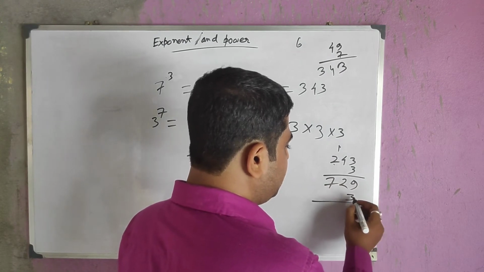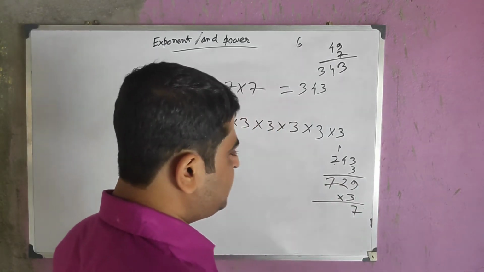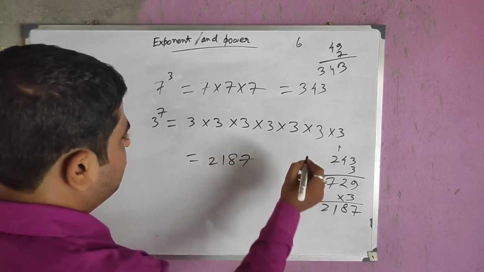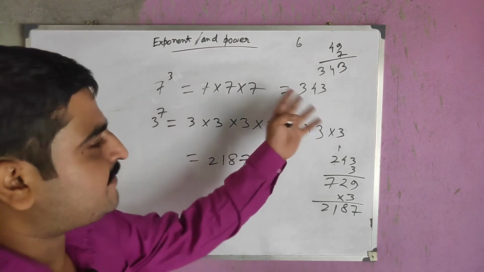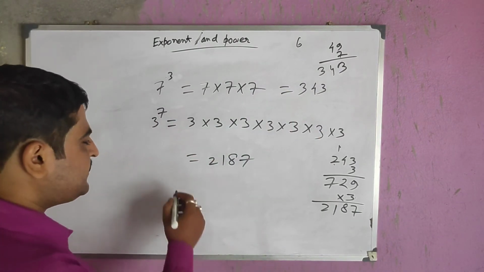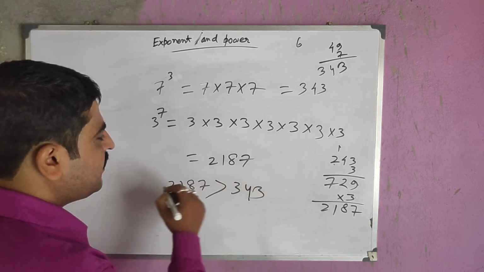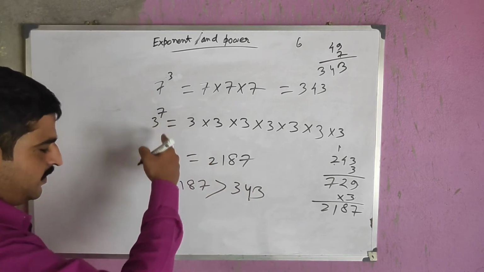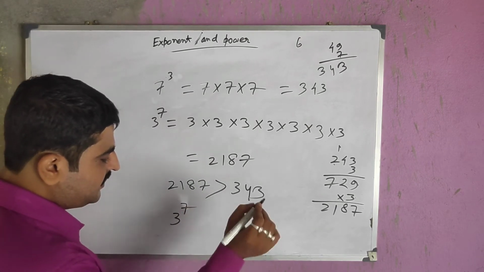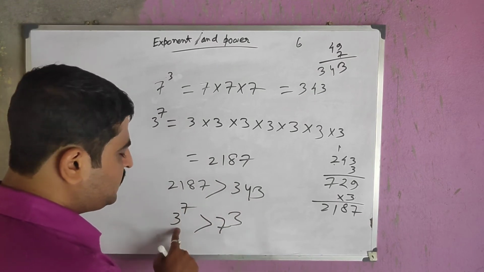Then 3 9s are 27, carried 2, 3 2s are 6 and 2, 8. So now between 2187 and 343, which one is greatest? Obviously 2187 is greatest, so we can write 2187 is greater than 343. But we have given that 3 to the power 7 is 2187 and this is 7 cube. So between these two, this one is greatest.